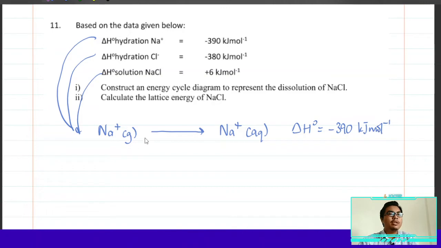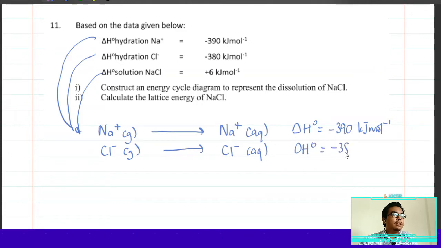Okay, so write down the punya equation dulu satu persatu, and then let's do for Cl. So Cl negative gas ion hydrated in water forming Cl negative aqueous, also with the value of delta H of negative 380 kilojoule per mole. And one more, last one, is for the solution of NaCl, or it is a dissolution lah. Solution and dissolution adalah benda yang sama. Okay, so what we do is that we have NaCl.